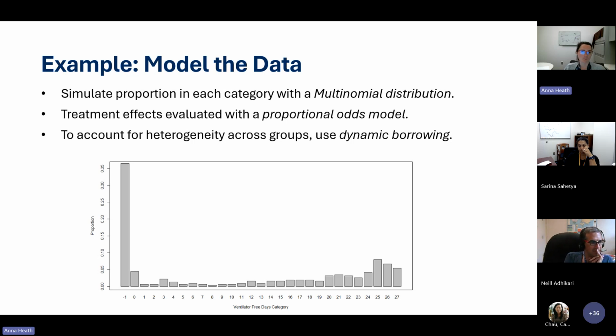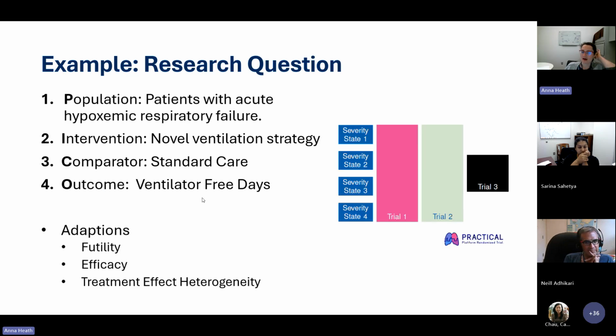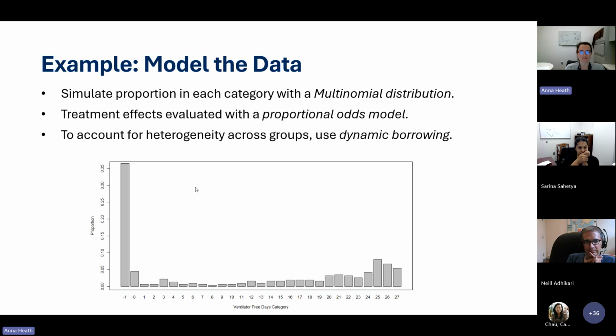And then we needed to define a model for the data. So here on the bottom, I have this ventilator-free days distribution. This is what came from the preliminary data in the trial. And again, how we model the data and how we simulate the data really comes from the definition of the outcome. So it has to align with the outcome of interest.